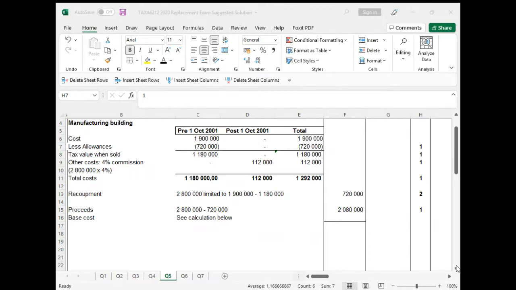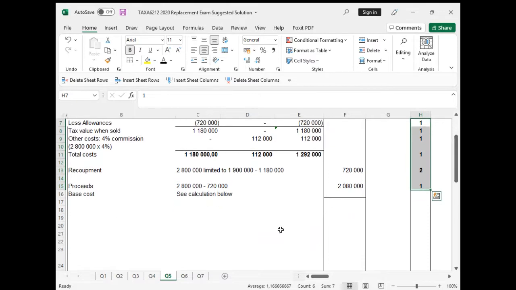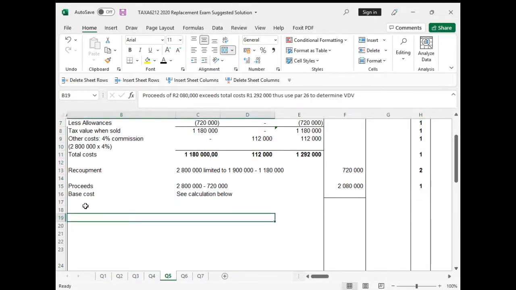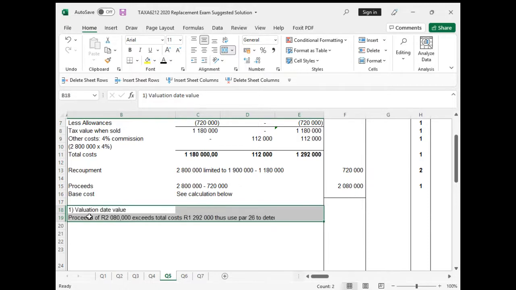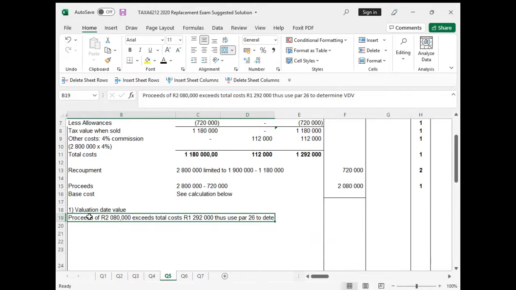Okay, so the base cost now, we are going to go work it out. So we say the valuation date value is based on which method we apply. So because our proceeds is that 2.08 million, which is more than the total cost of this asset, we apply paragraph 26, which says you apply one of the 3 methods.